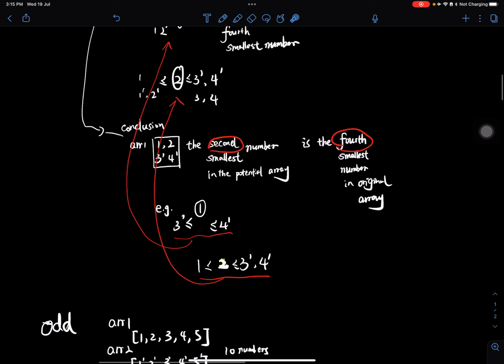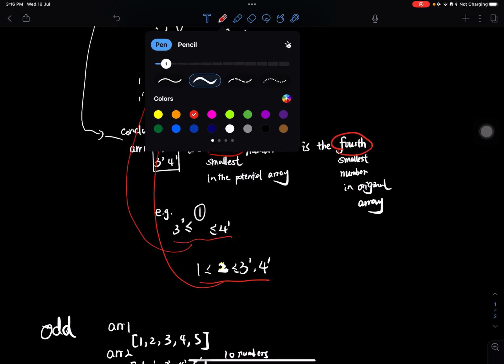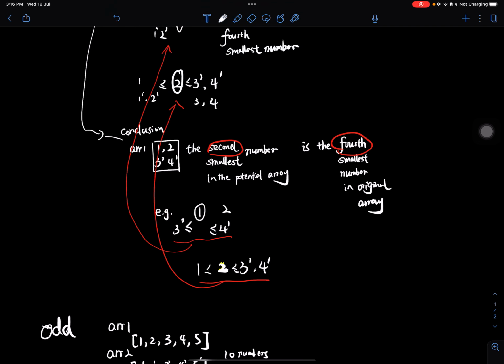For example, 1 is between this and 3, and 2 is between this, and you can see here also smaller than 2.